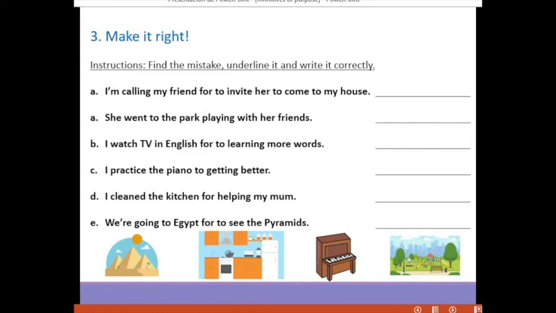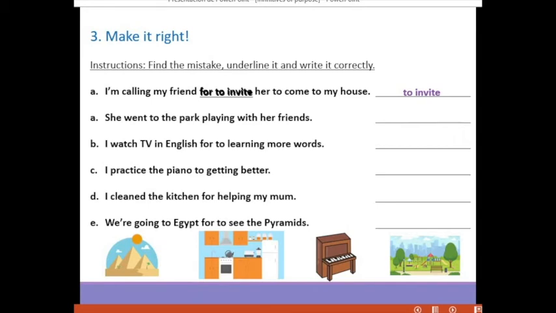That sentence is not correct. So let's check. That is not correct. For to invite is not correct. The correct option is to invite. I'm calling my friend to invite her to come to my house. That is the correct answer.